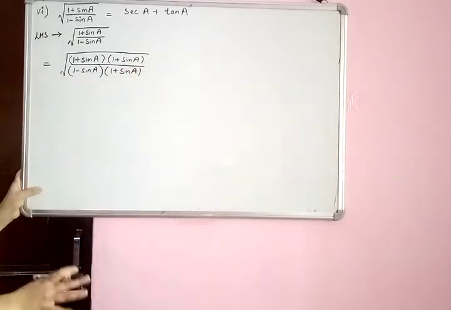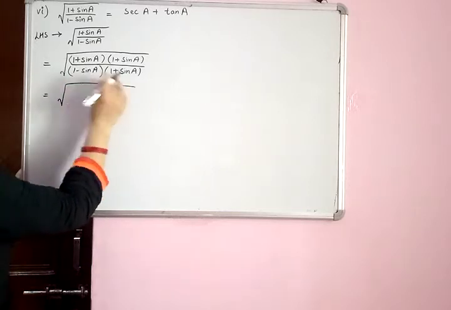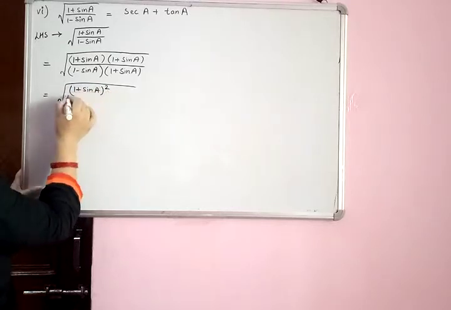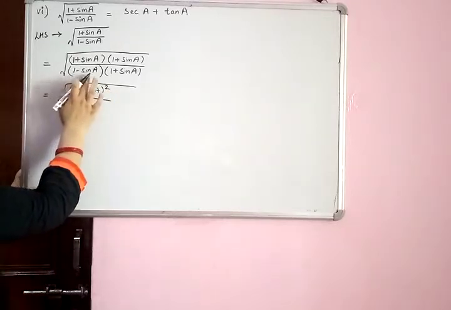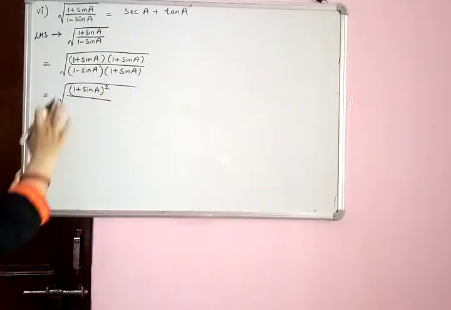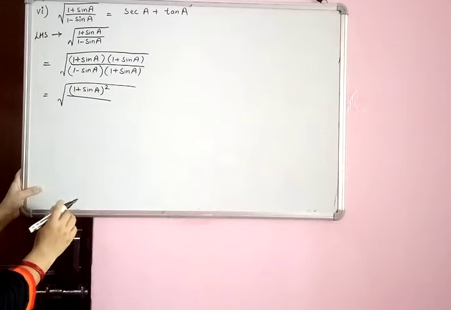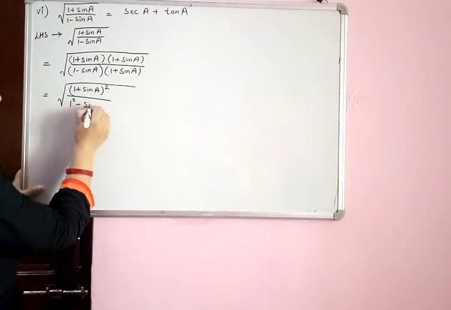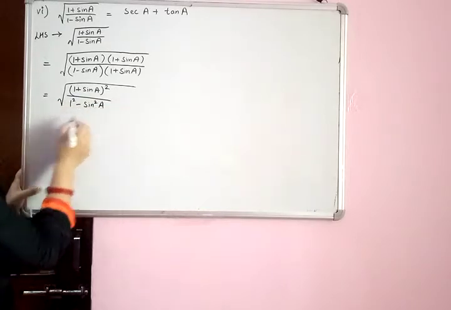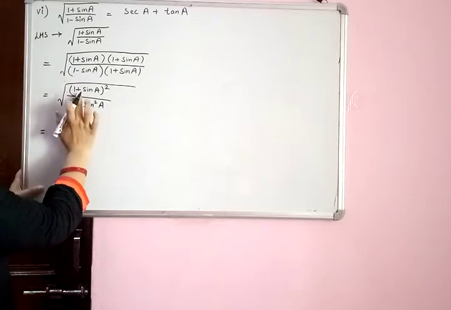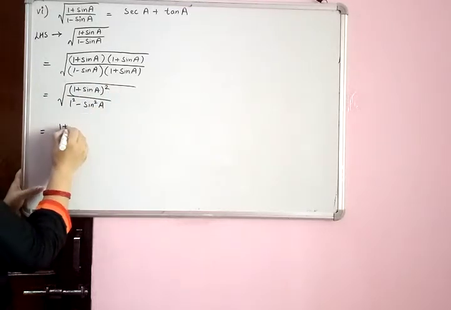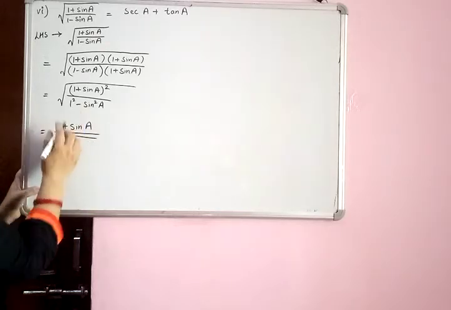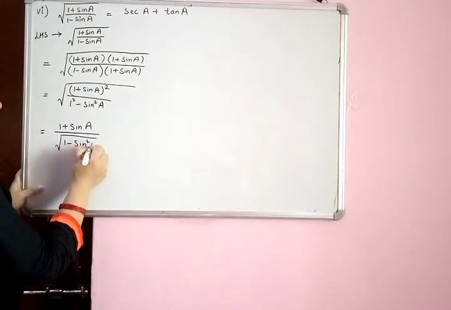Clear? Okay. Now look at here, 1 plus sin a into 1 plus sin a is 1 plus sin a whole square, upon, in the denominator, 1 minus sin a into 1 plus sin a, so we can use a minus b into a plus b, that is a square minus b square. So 1 minus sin a into 1 plus sin a is 1 square minus sin square a. So the square root of 1 plus sin a whole square will be 1 plus sin a, upon under root, square of 1 is 1, minus sin square a.